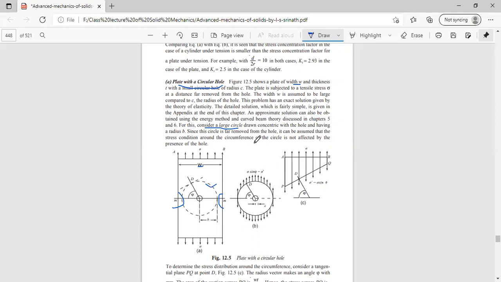An approximate solution can be obtained using this large circle drawn concentric with the hole, having radius B. This is the circle shown with the sectional line here. For this circle, it is concentric, meaning they have the same center as the existing hole.